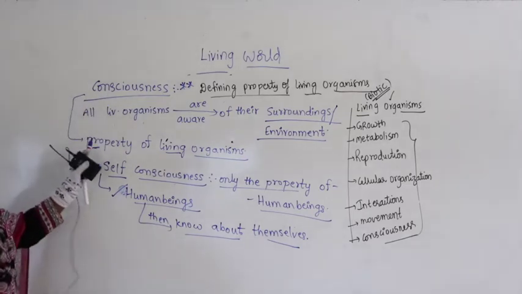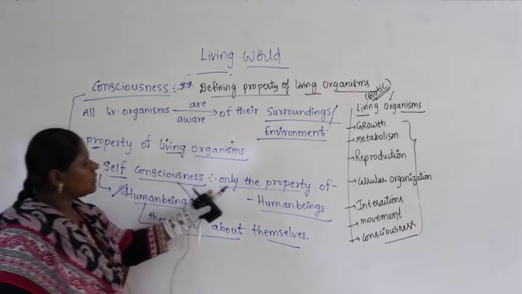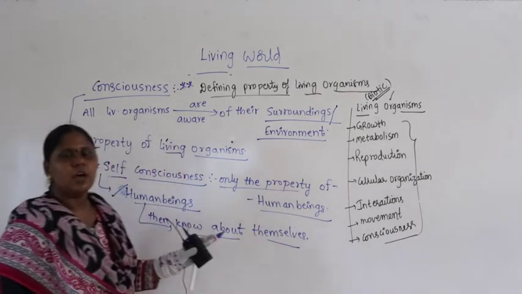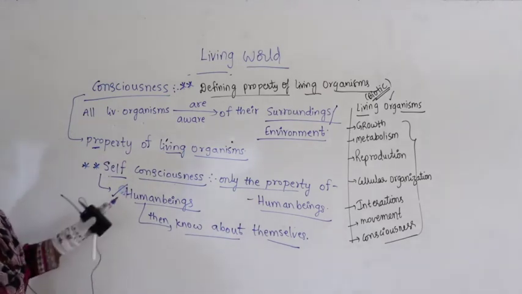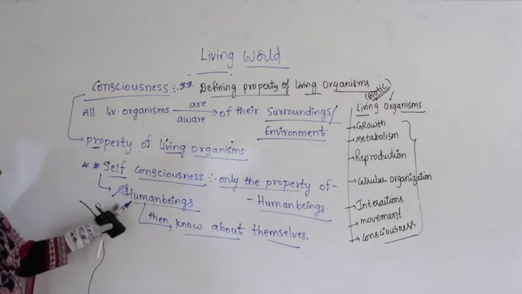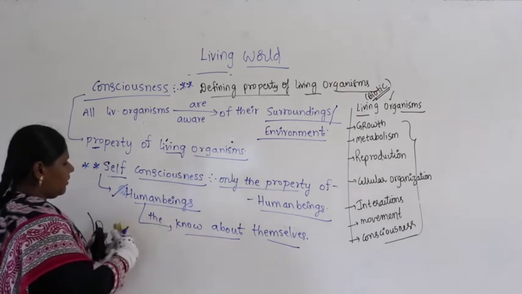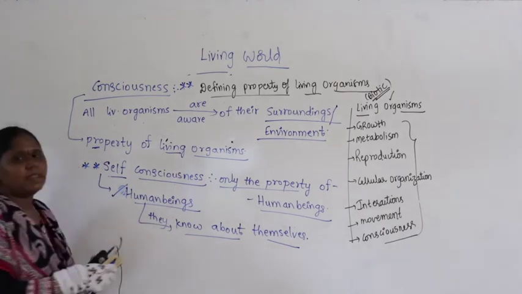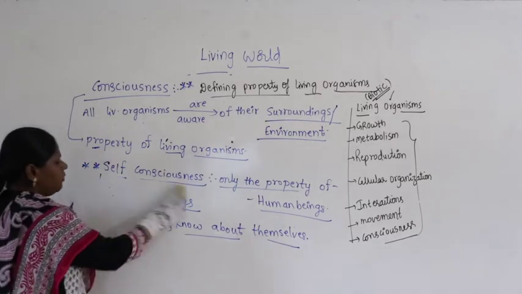At the same time, it is a property of living organisms, and self-consciousness is only the property of human beings. No other animal knows with what it is made up of. What is self-consciousness? Human beings, they know about themselves. So, self-consciousness is only the property of human beings.